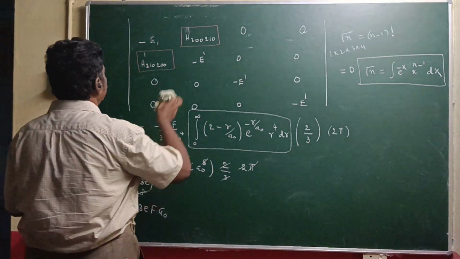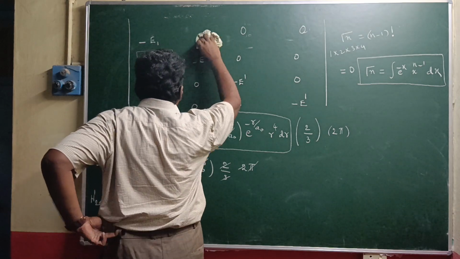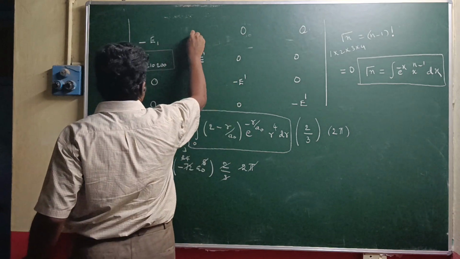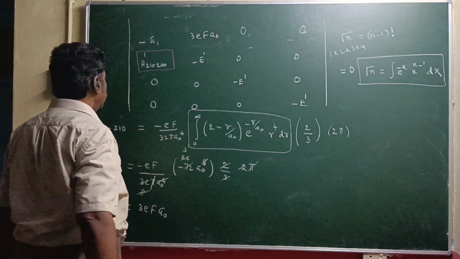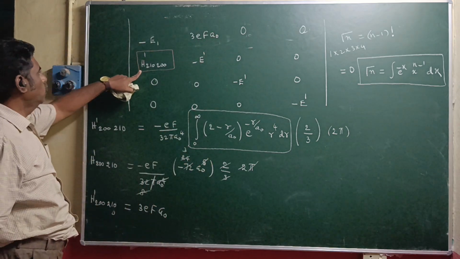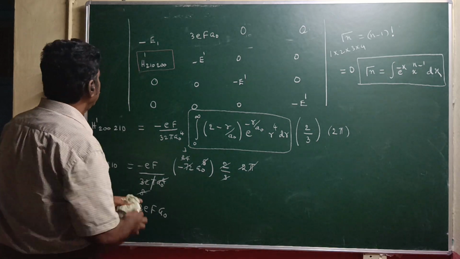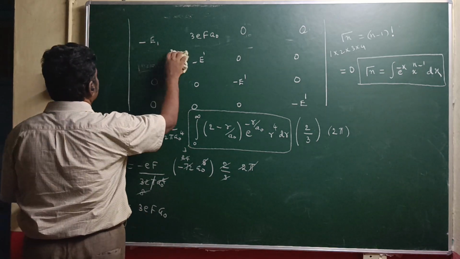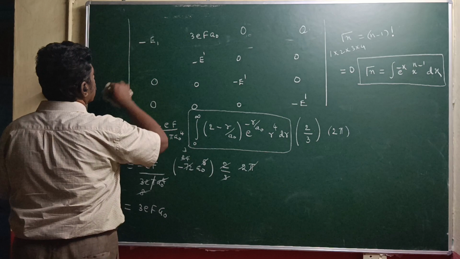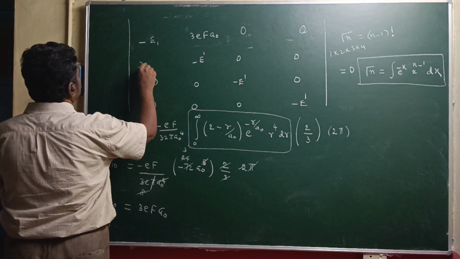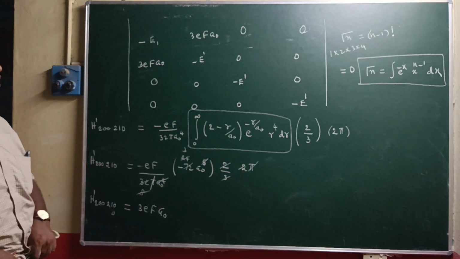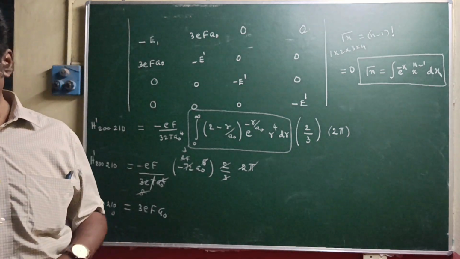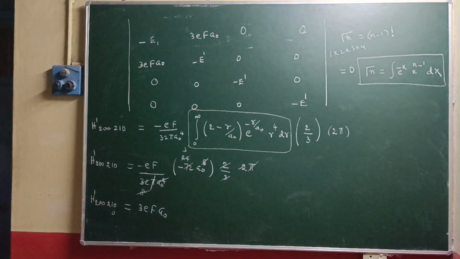So instead of this term, we have to put 3eF a0. Therefore, this value is also the same, 3eF a0. By solving this determinant, we have to find out the value of E1.